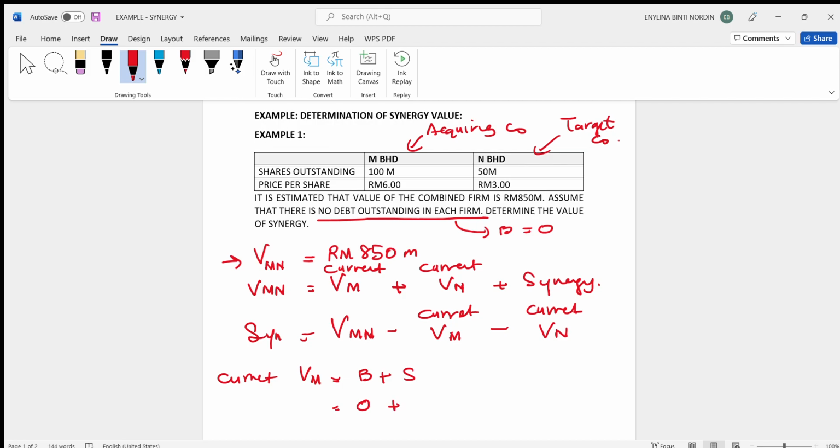How are you going to find the S, the value of equity? That means the market price per share multiplied by the number of shares issued or outstanding in each firm. Here we are doing it for M. The current price for M is 6 ringgit, multiplied by 100 million shares, which equals 600 million ringgit. So this is the value of the first company.